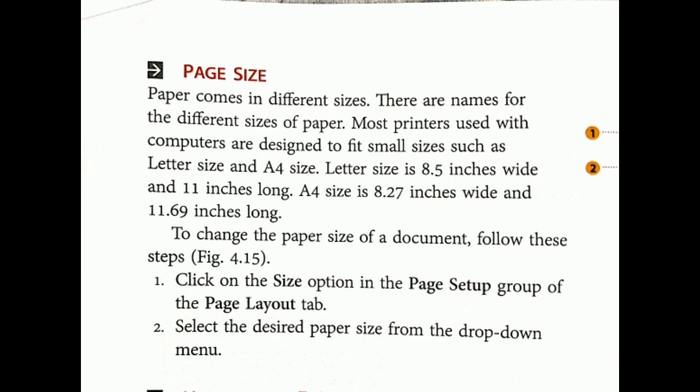Similarly, in Microsoft Word also, each paper has got different sizes like A4, letter size, etc. Now let us see how we can change paper size of a particular document. Step number 1 is you have to click on the size option in the page setup group of the page layout tab. Step number 2 is you have to select the page size from the drop down menu. These are the steps of changing the paper size in Microsoft Word.